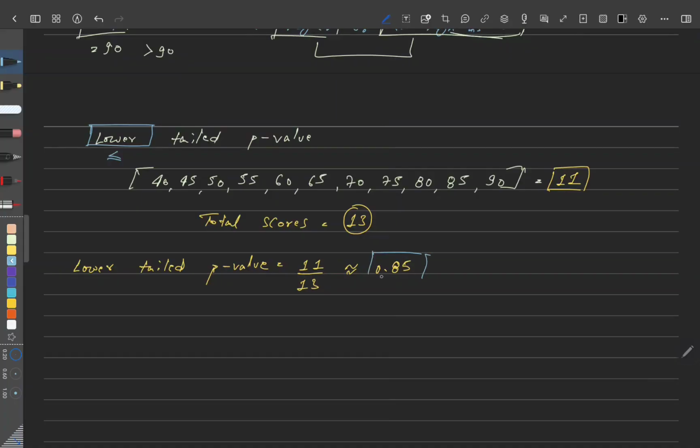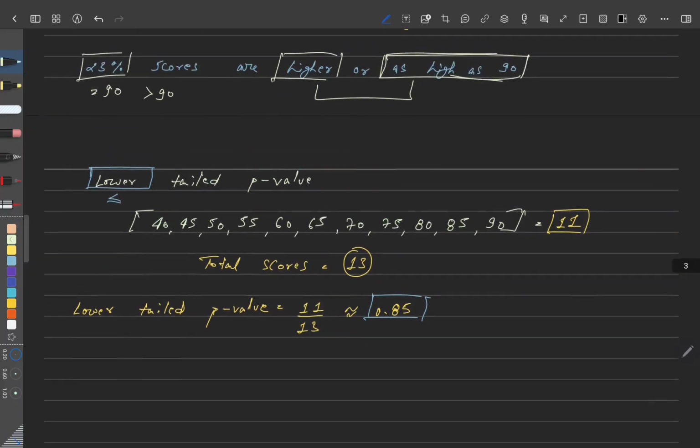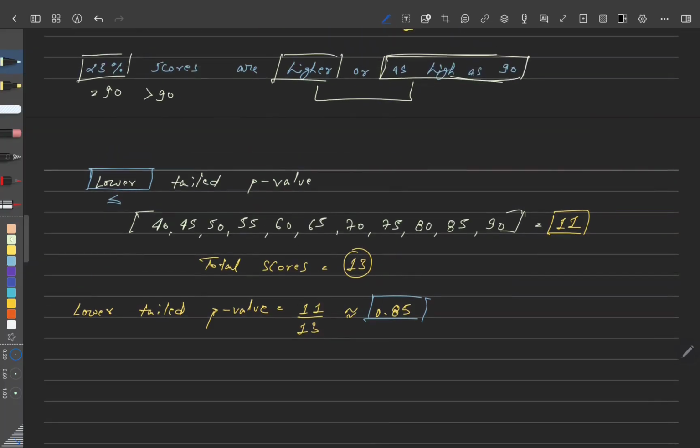And you can do this now. So around 85% scores are lower or as low as 90. So similar statement that we made earlier, but instead of using the word higher or high, we are using the word lower or less or low.